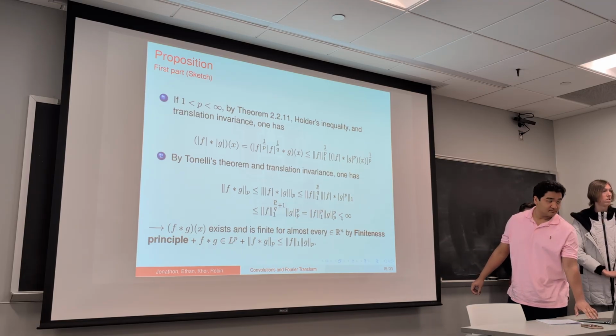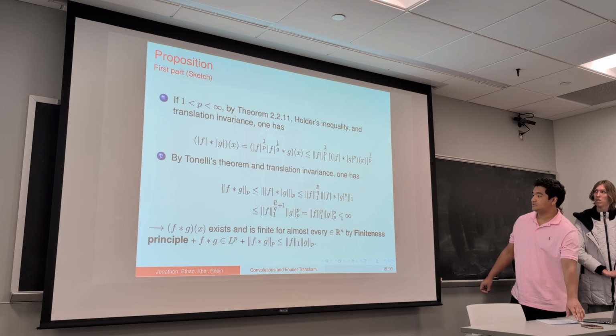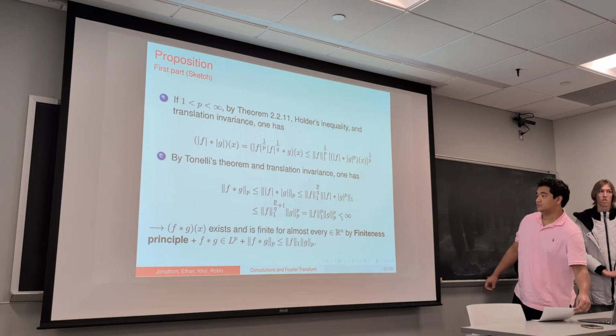If you use Holder, it's supposed to be L1 times L infinity, am I right? That's the next case, I believe. Here we're less than infinity. So maybe we're between 1 and infinity, and we're not using 1 or infinity yet.